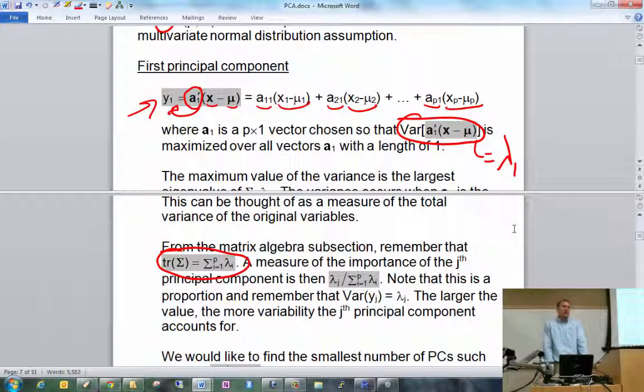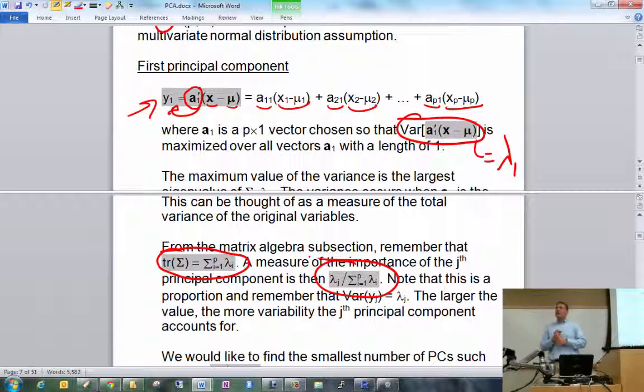Lambda 2 is the variance of the second principal component as well. And so then a measure of just how much information is being explained by each principal component is simply to take a look at this little ratio. Take the lambda from the particular principal component that you're interested in, divide by the sum of the lambdas. So this is the percentage of the total variation explained by, in this case, the jth principal component.